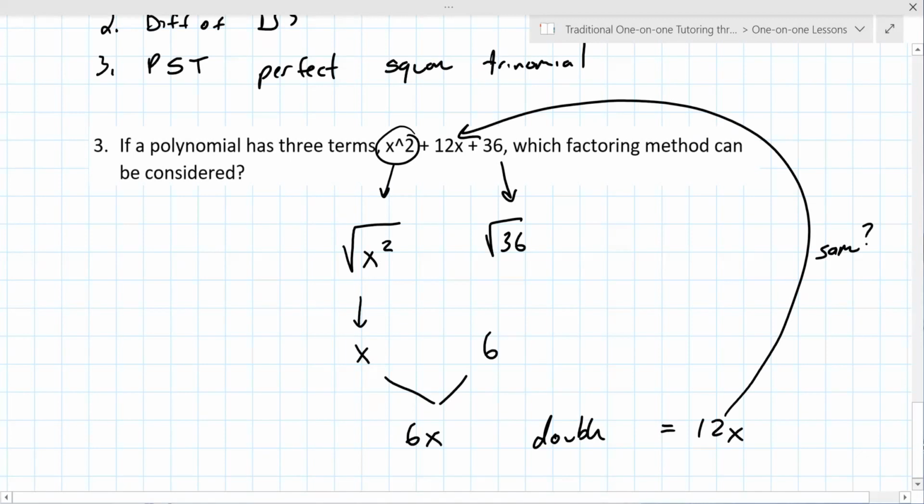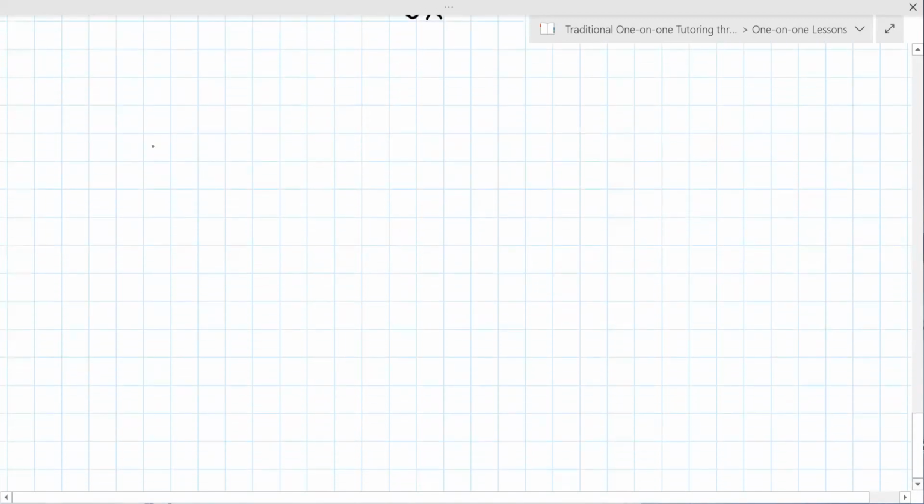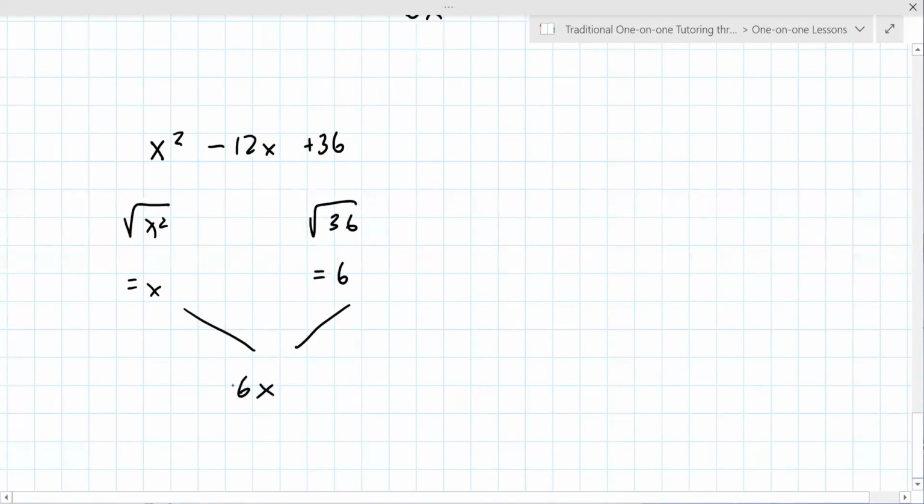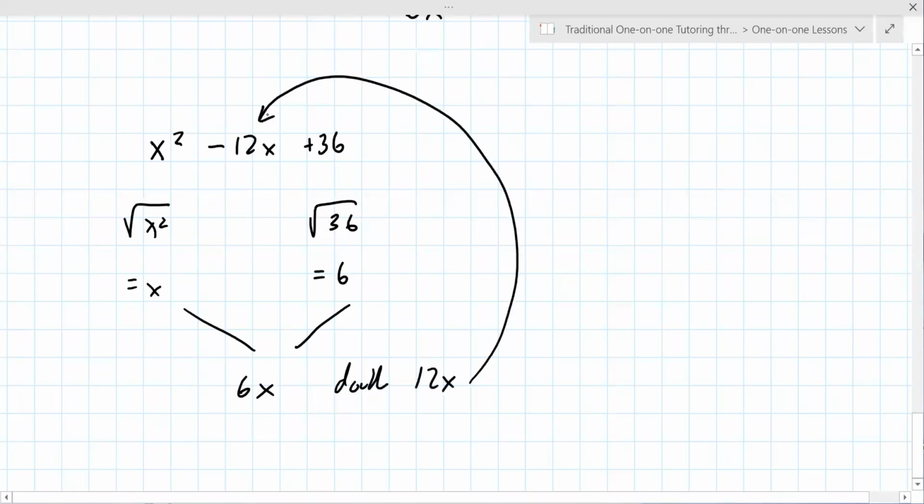Let me give you the other one, but it's really similar to this. X squared minus 12x plus 36. Same process. You take the square root of the first term, the square root of the last term, merge them together, then double, and you get 12x. And you say, well, hey, Matthew, that isn't the same. And you're right, it's not the same. There's 2 forms, though, of perfect square trinomial.